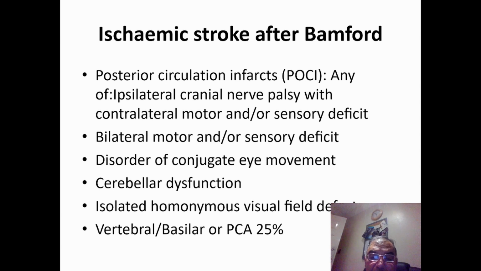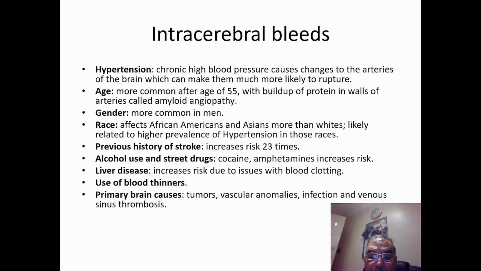25% of stroke. Now, I already mentioned intracerebral bleeds, which constitute about 10 to 15% of all strokes. Some of the risk factors for this are hypertension and age. They're generally more common after 55, and elderly people have a condition called amyloid angiopathy, which weakens the vessel walls and can cause bleeds.